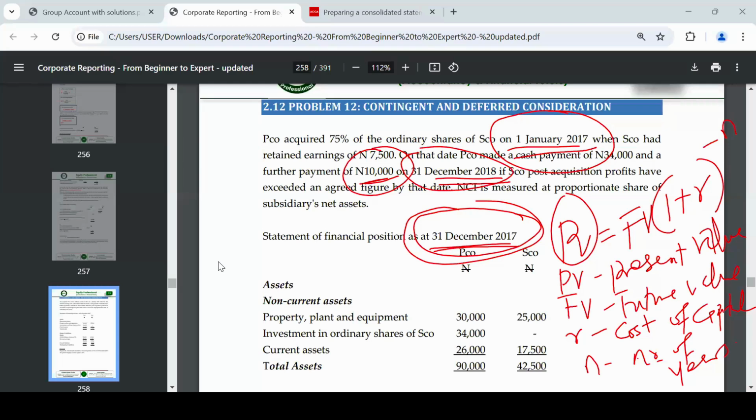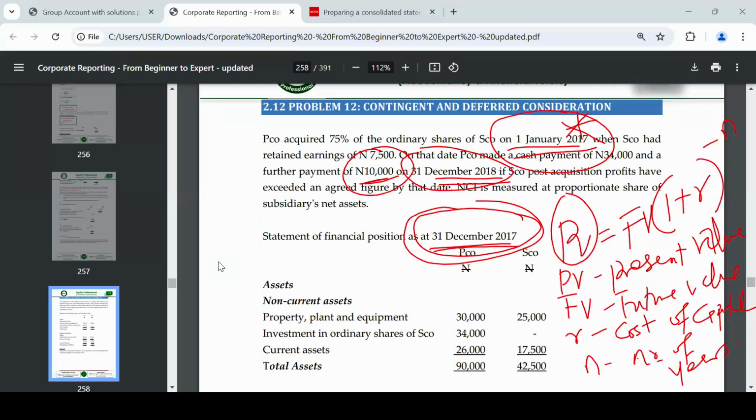Now, when I am going to be calculating my goodwill on consolidation, I'll be doing it at the date of acquisition. It is even the reason why we must lay emphasis on the dates. You must understand what those dates represent.